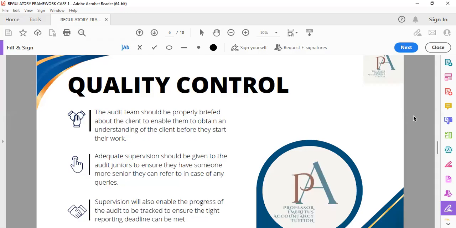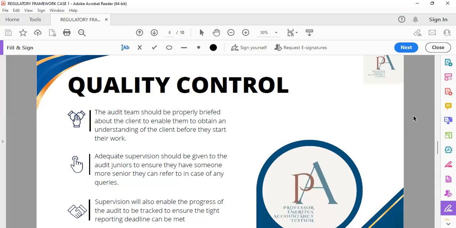They should also be able to employ adequate supervision, because their plan is to use junior team members. So if the junior team members are not adequately supervised, they could make rookie errors that will become a burden to the entire audit team.